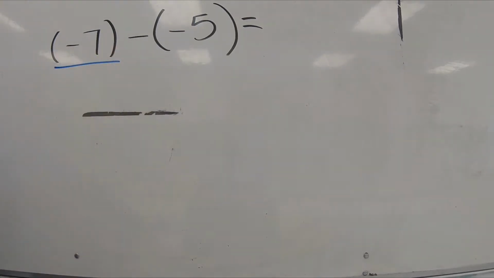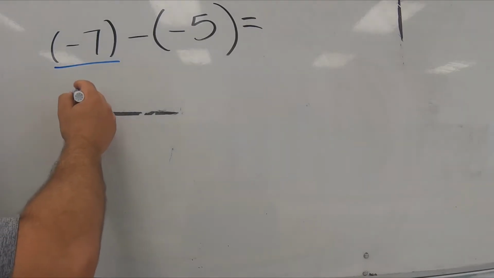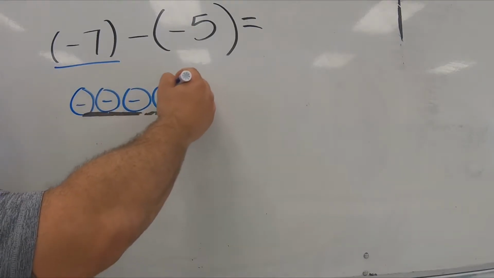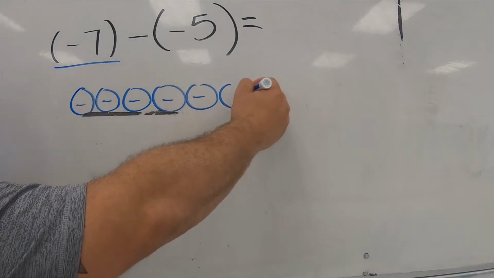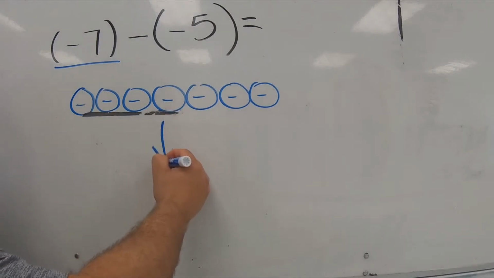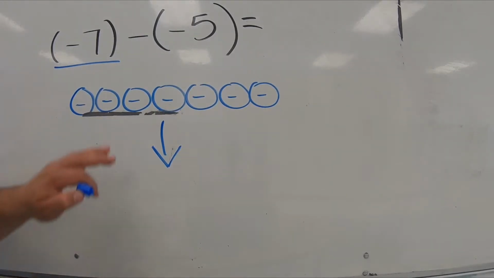So always begin with what you have, which is in this case -7. So I'm going to write 7 negative chips. I'm going to draw the signs. 4, 5, 6, and 7. Excellent. I have 7 negative chips. Now, I'm being asked to take away 5 of those negative chips.